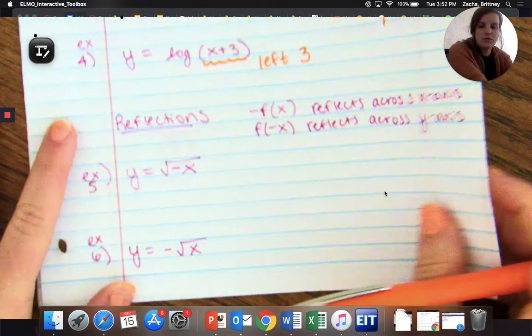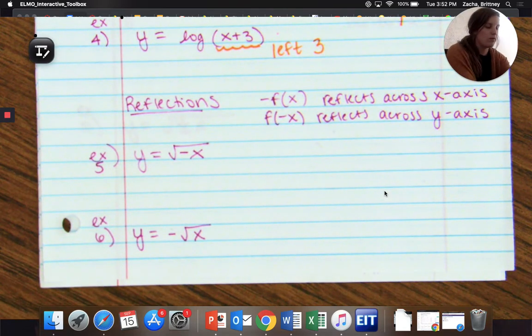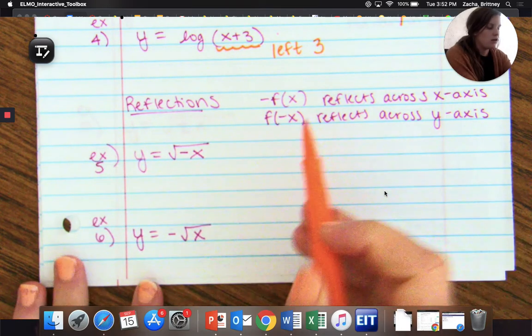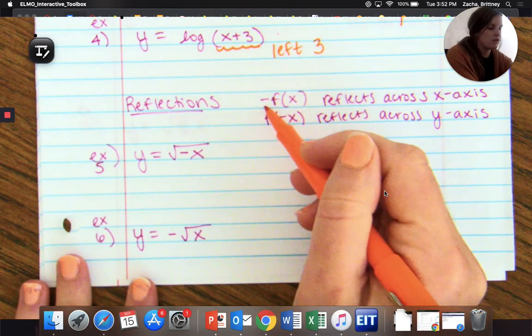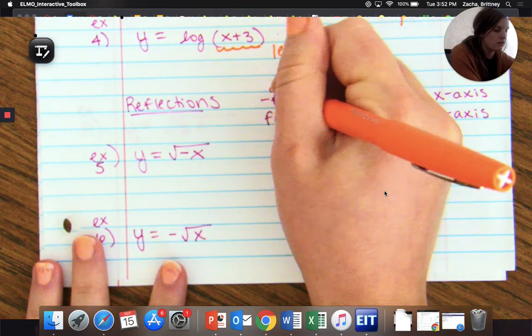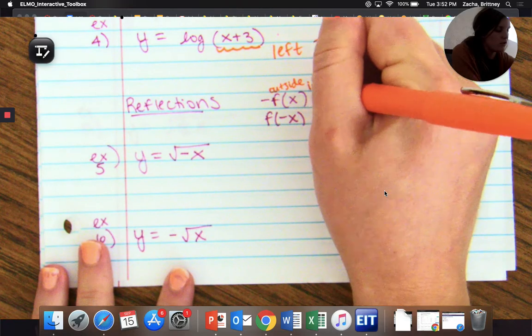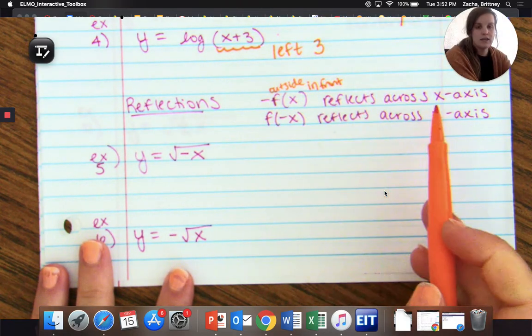Okay, so now let's move to reflection. Reflection is like a mirror image of the function. Reflections deal with negatives. If the negative is on the outside, in front of the function, it's going to reflect across the x-axis.